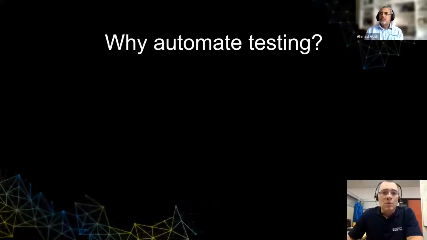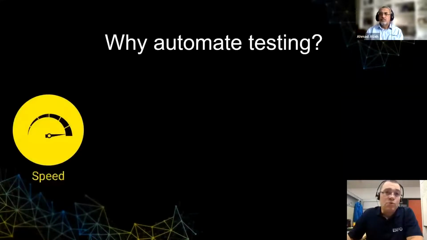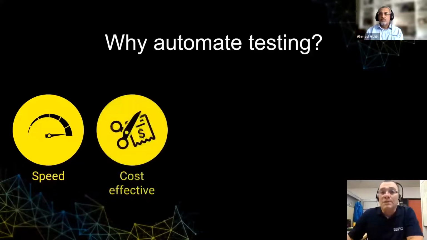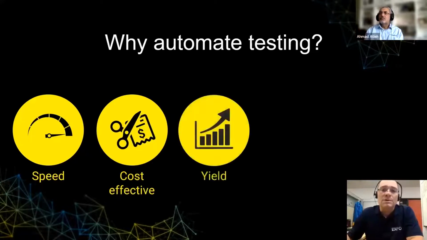Let's go over the reasons why we want to automate testing. The first one is to increase the speed of each test. If we do more tests per amount of time, we can decrease the cost. Identifying the location where we have an issue in our processes will also help increase the yield, so reducing the error amount.